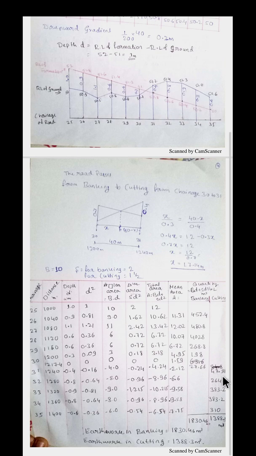No need to write the minus sign here, because the cutting portion is in the minus itself. Once again I will explain: it is minus 2.12 into the remaining portion, that is 40 minus 17.4, that is 22.6. 22.6 into 2.12 is 47.91.